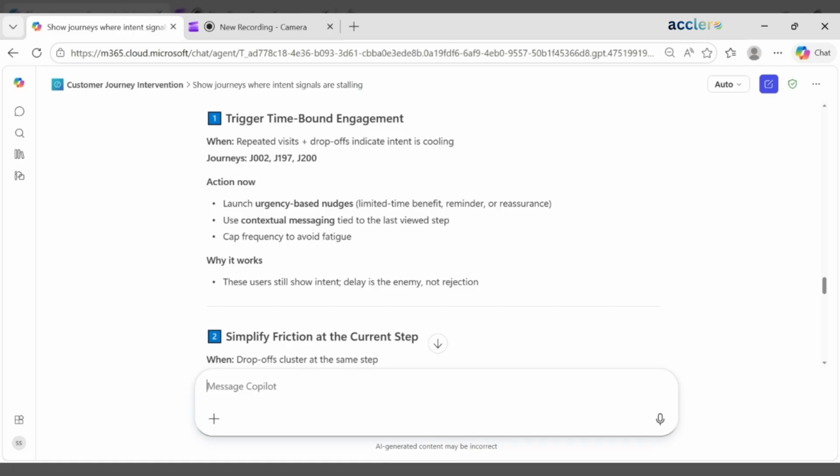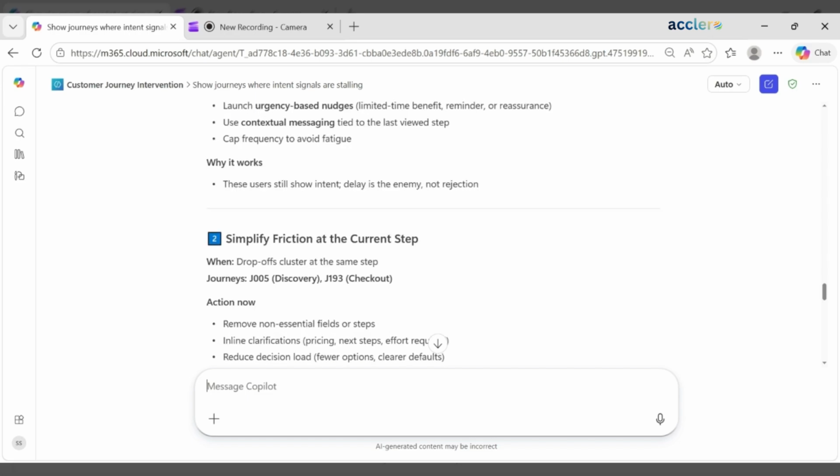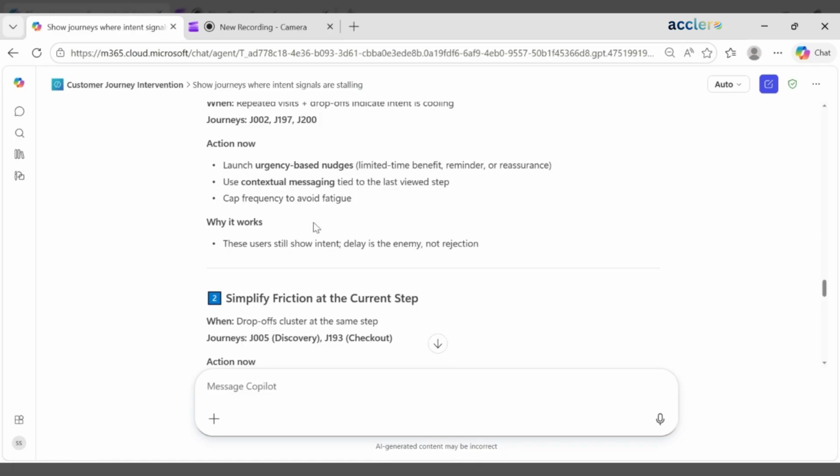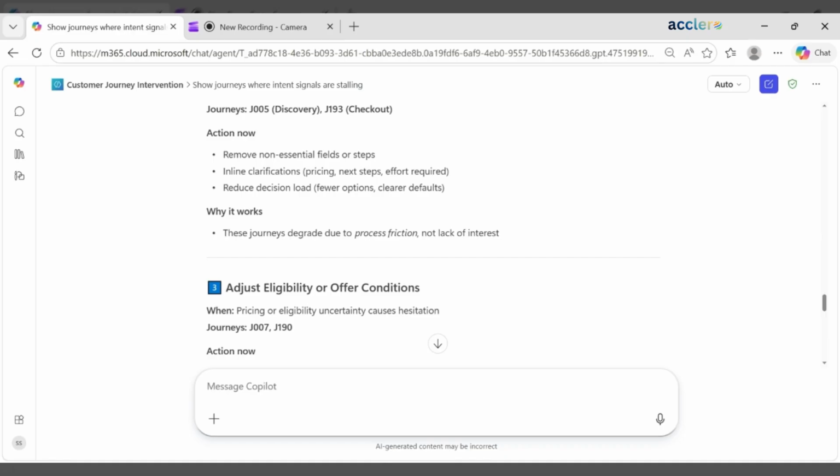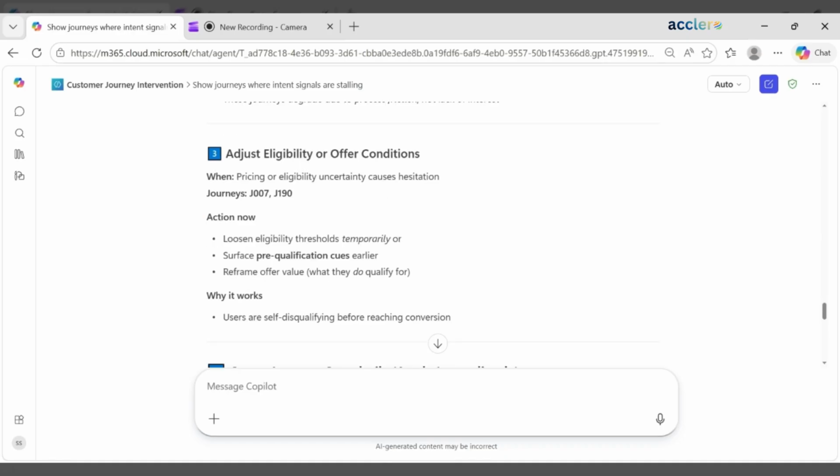Then for the eligibility or offer adjustment, we can say the journeys like J007 and J190, the issue lies in eligibility conditions. The agent suggests adjusting or clarifying those rules.